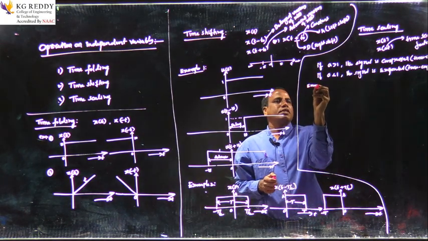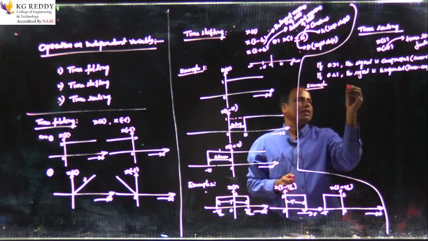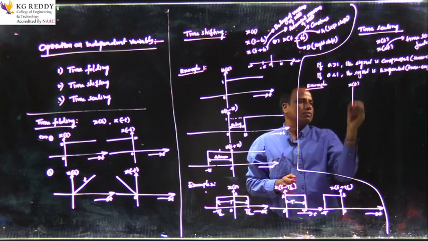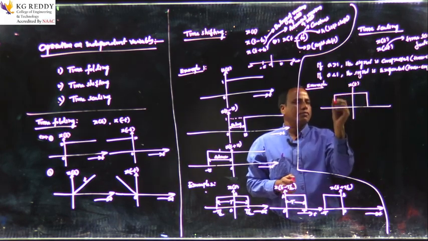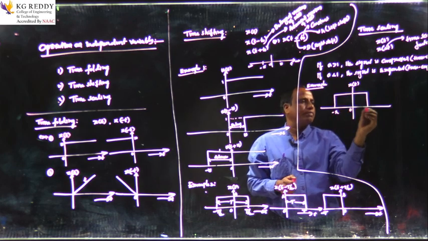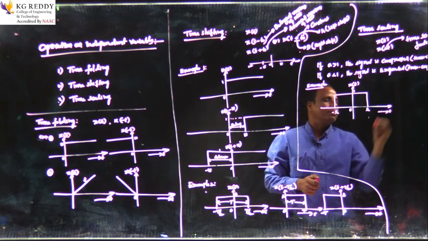Now, an example for this. I am taking a signal x of t, which is from -2, 0, +2. Let us consider the amplitude is 1 and this is t.